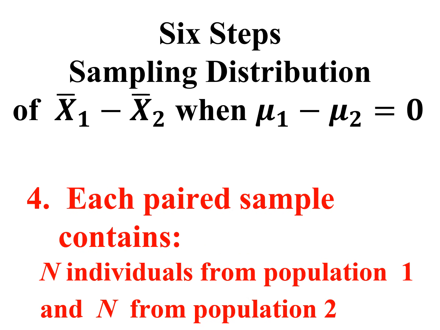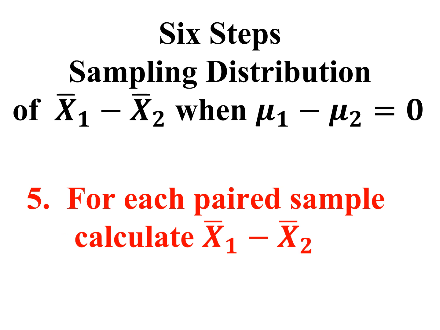The fourth step requires that each paired sample contains n individuals from population 1 and n individuals from population 2. The number of individuals in sample 1 must be the same as the number in sample 2. The fifth step requires that for each paired sample, you calculate the difference between the two sample means.